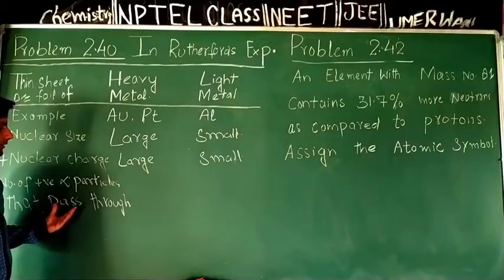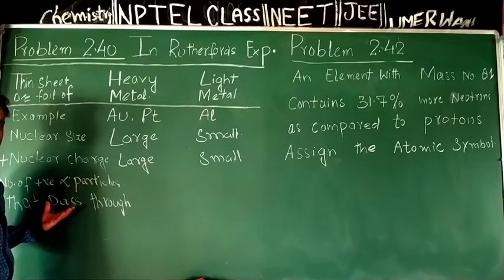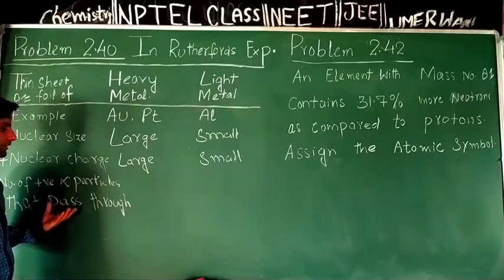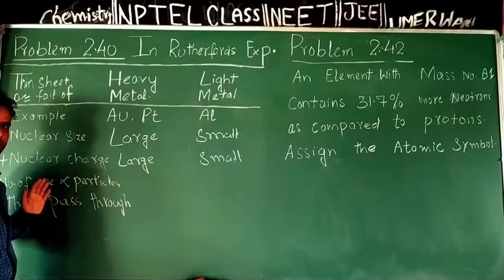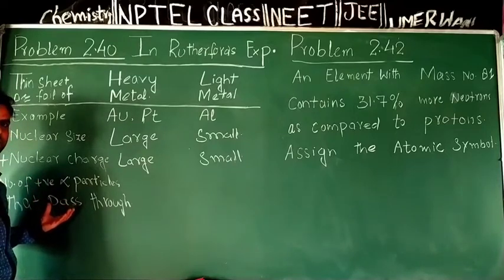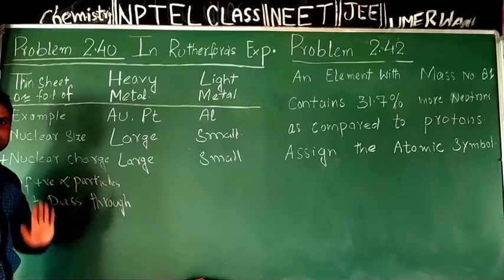Then it is natural that the heavy rigid positively charged body that we name nucleus at center will allow less number of alpha particles to pass through it.